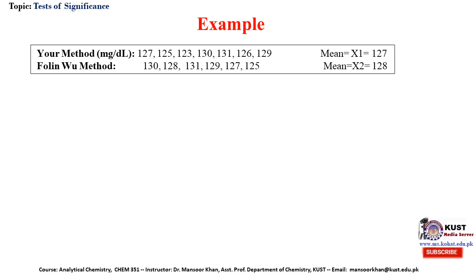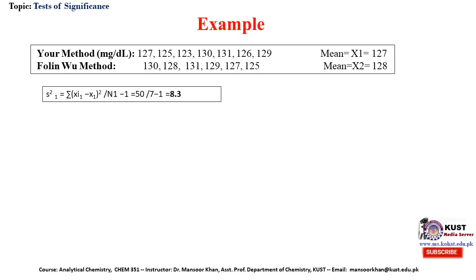While the Falun Wu method gives results 130, 128, 139, 129, 127, 125, and the mean of the results is x2, which is equal to 128.